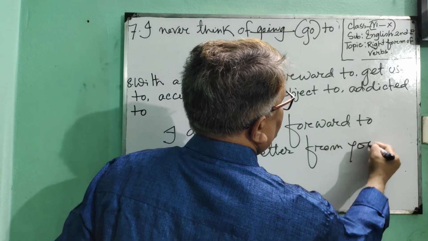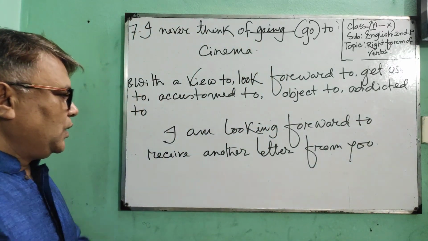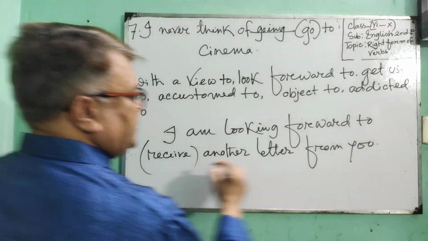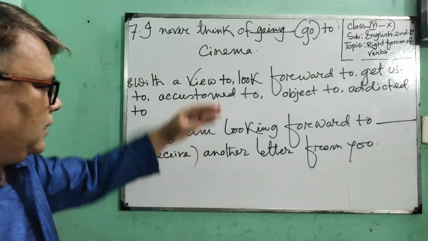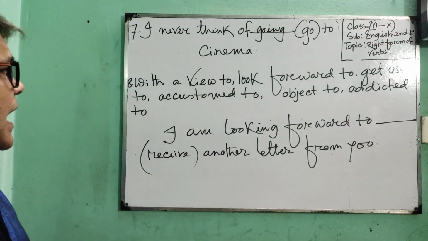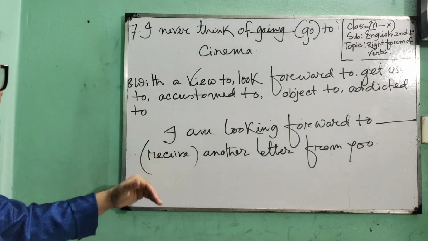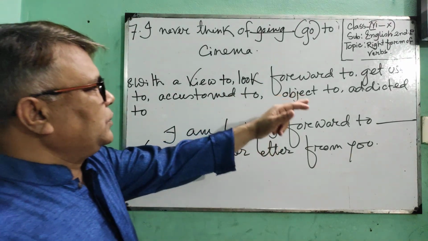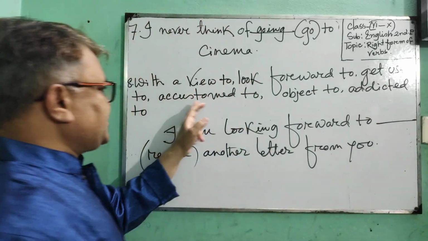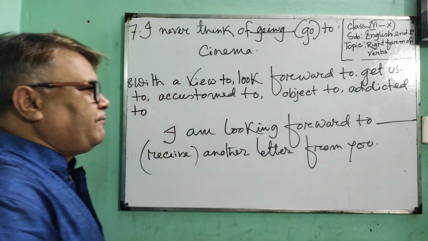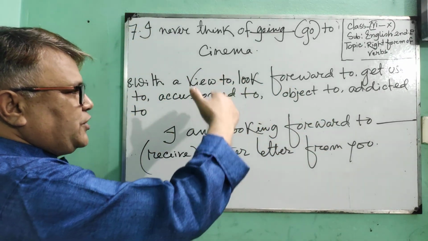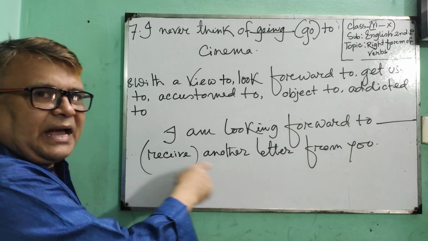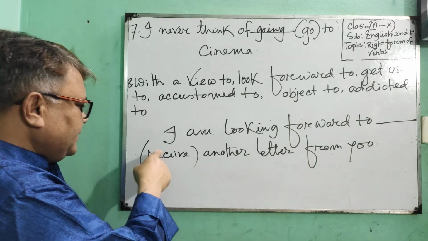Dear learners, look at the example. In previous time I told you, if you find with a view to, look forward to, get used to, accustomed to, object to, addicted to, if you find this kind of phrase in any sentence, then you have to make verb plus ing, that is gerund.